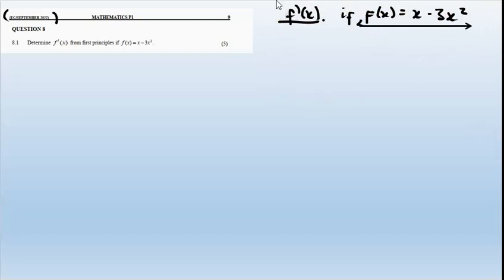Right, so I'm just going to zoom my work in.